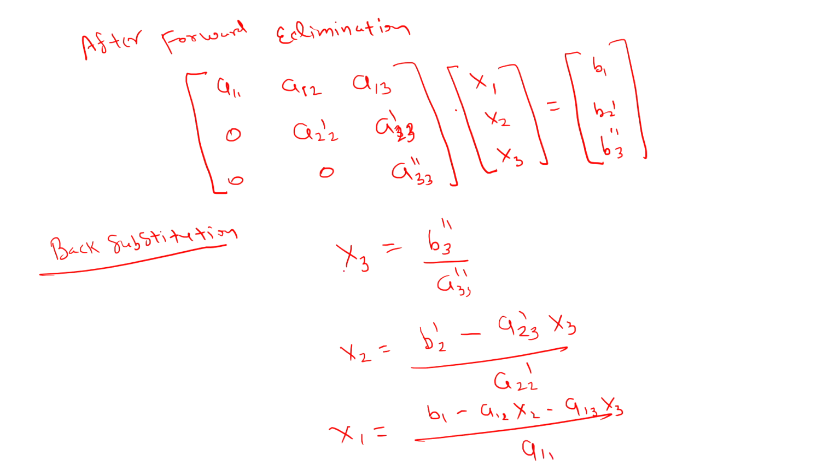So what we are doing is back substituting the values of X. First we will calculate Xn, here n is 3, so we calculate X3, and then with the help of X3 we back substitute into X2 and calculate X2, and similarly back substitute this value of X2 into the expression to calculate this X1 value.